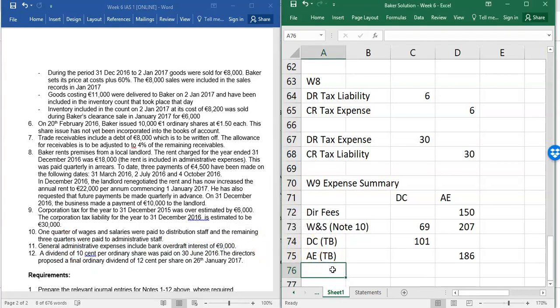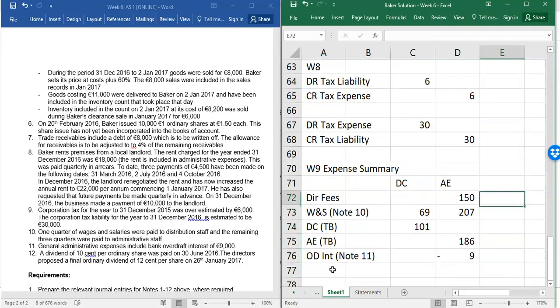So just be careful there. Overdraft interest, note 11. What you're going to do there is minus 9. And we're going to call this finance costs, and we'll put 9 there. That's just to show that actually 9 of that 186 is not technically admin. It is a finance cost, so it should be shown separately.